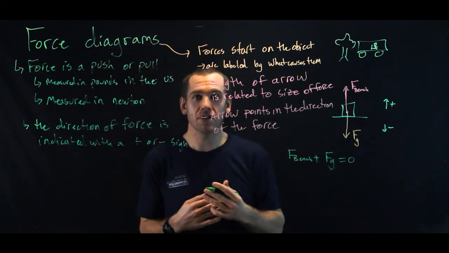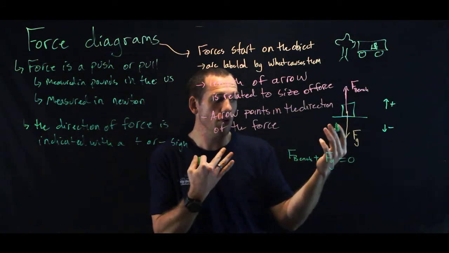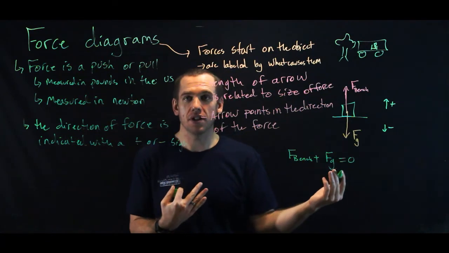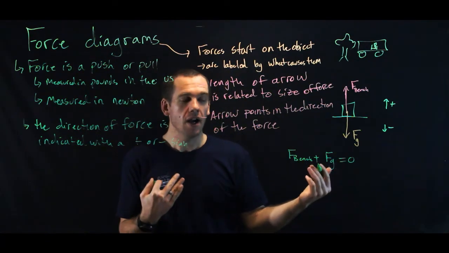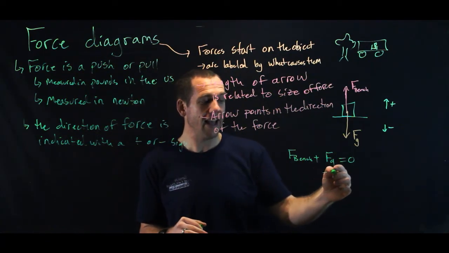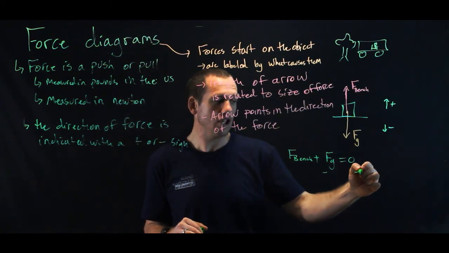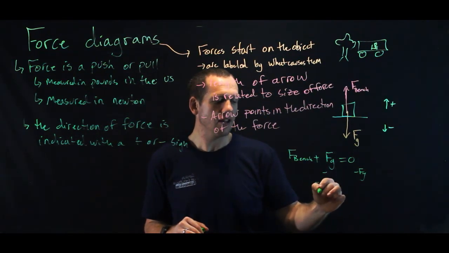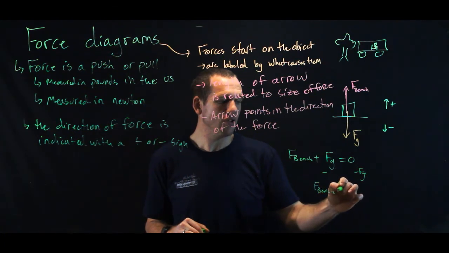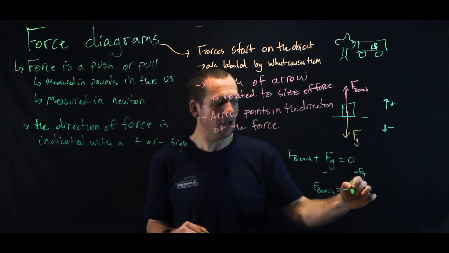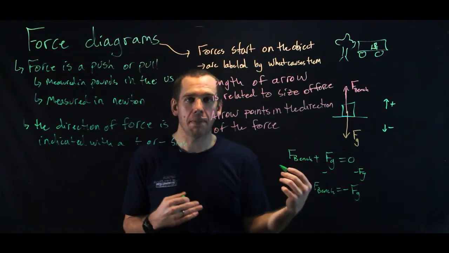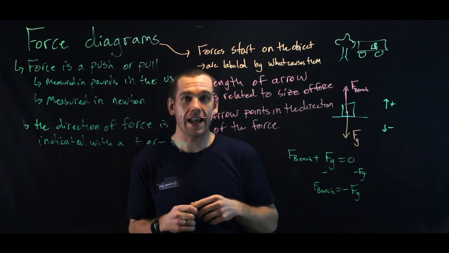Okay, and I say it's equal to 0 because neither one of those forces wins. And this is what we would call a balanced force situation. Neither force is bigger, and so they add up to 0. And really, I could subtract Fg from both sides, and I would get that the force of the bench is equal to the negative of, or the opposite of, the force of gravity. That's a balanced force situation. Those two forces add up to 0.